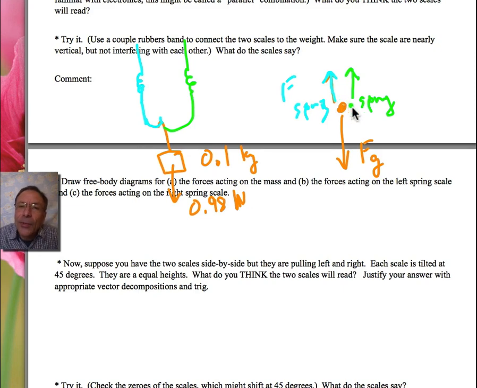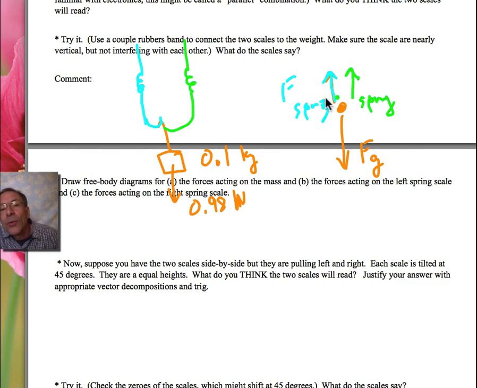If you got this right, you want this vector plus this vector, the two spring vectors, when you put them end to end, to be the same length as the mass vector, because you want the total force on the mass to be 0, because this is supposed to be equilibrium.